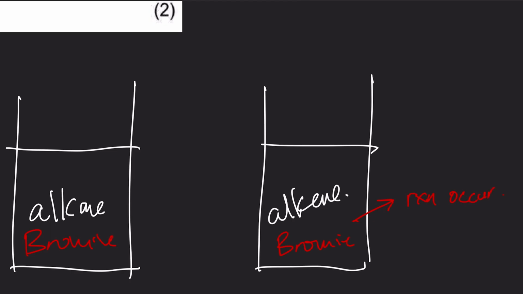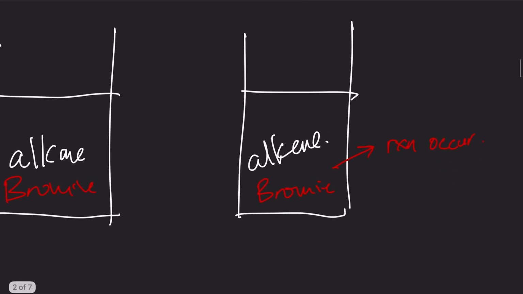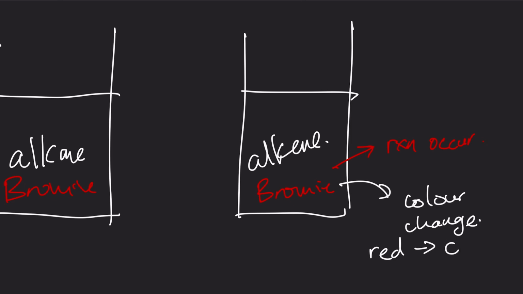And the reaction is going to cause a color change, right? So the color will change from red to clear, and that's because of the reaction of the bromine with the alkene.